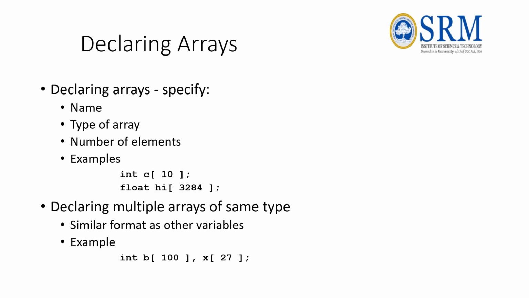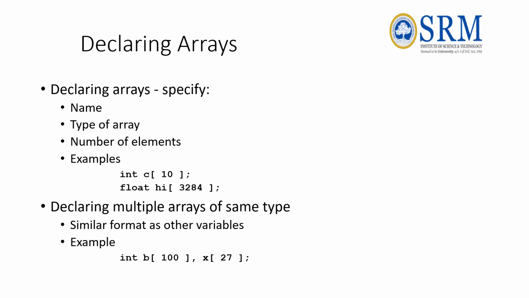There is one more example. When I say float, it can also include float values in the data type, and here your array name is high. When you are declaring multiple arrays of the same type, say I have two arrays, that is b[100], 100 elements of the array b, and 27 data elements of the array x.